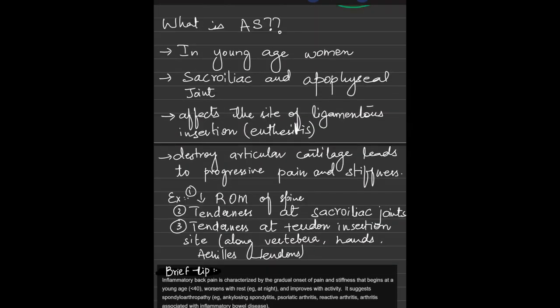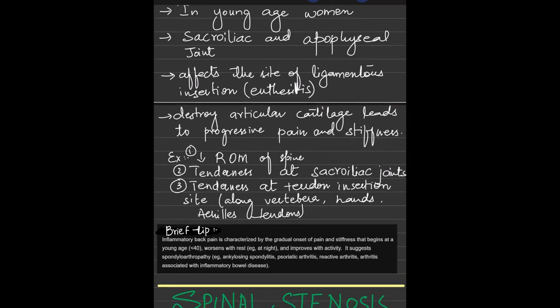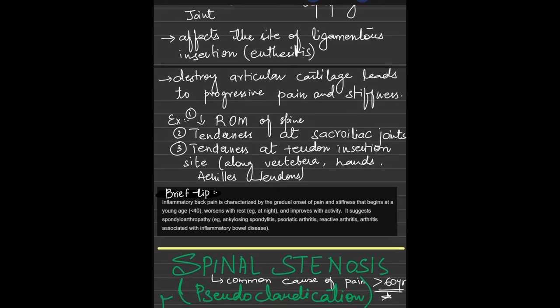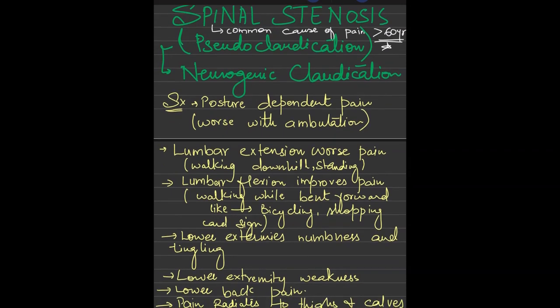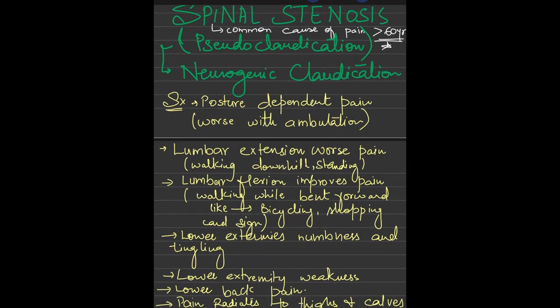Just to help you remember, patients with inflammatory back pain will say their pain improves with activity, but here the pain improves with flexion of the lumbar spine and worsens with activities like ambulation or extending the lumbar spine for any reason. Lumbar extension worsens pain. Let's suppose walking downhill will increase their pain, or just standing.